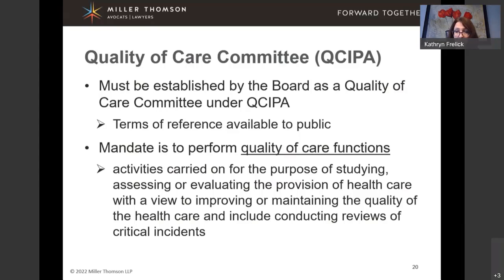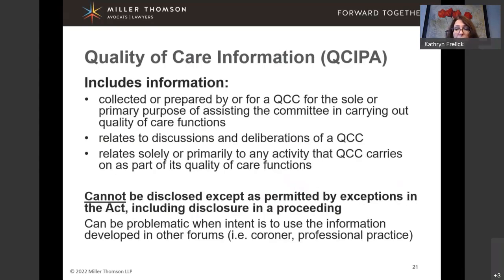And it also includes reviews of critical incidents. Quality of care information is also a defined term, and it includes information that's collected or prepared by or for the Quality of Care Committee for the purpose of allowing the committee to carry out its functions.